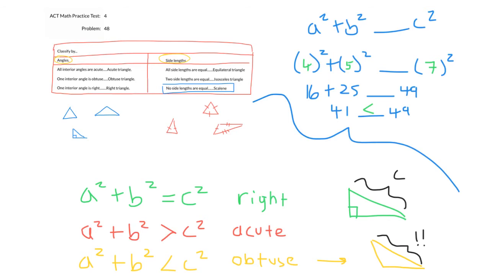So it's going to be scalene obtuse. We already knew it was scalene because all the side lengths were different, and we just found out that it's an obtuse triangle, therefore it is a scalene obtuse, and that is answer choice H.